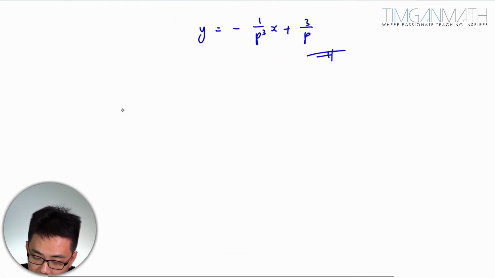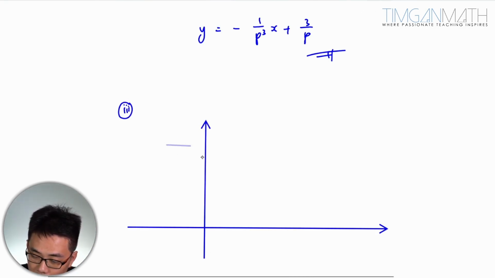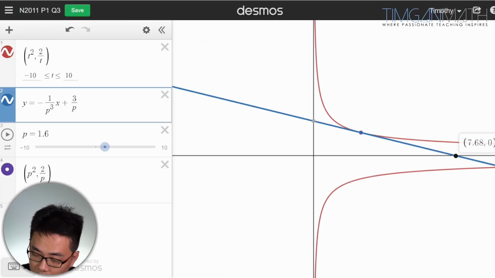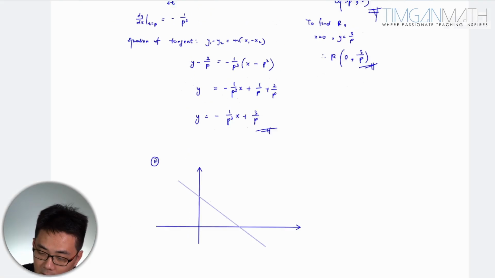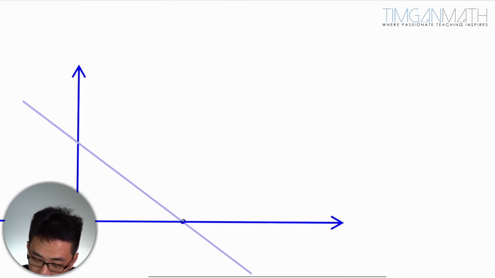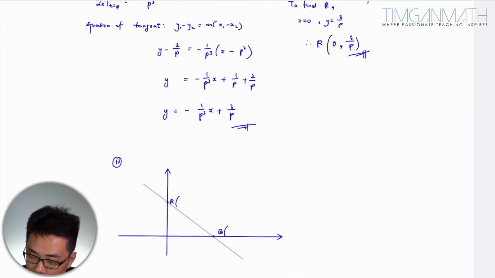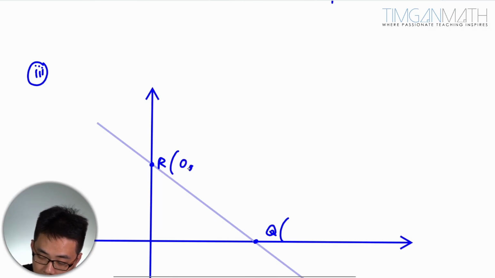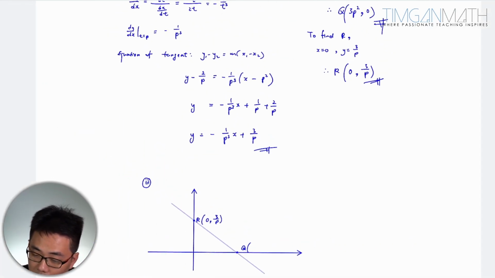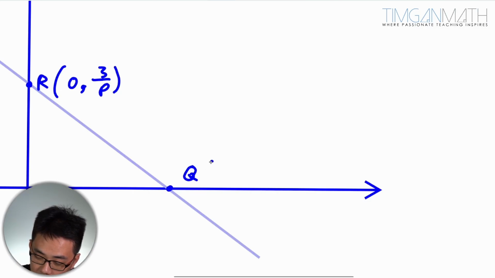So we know that this tangent here is Q and this is R. With different p, R is (0, 3 over p) and Q is just (3p squared, 0).